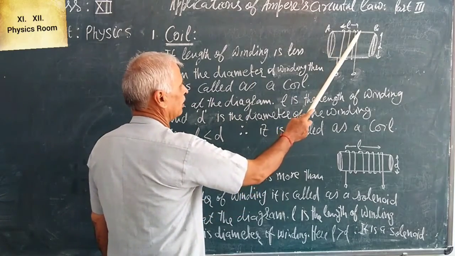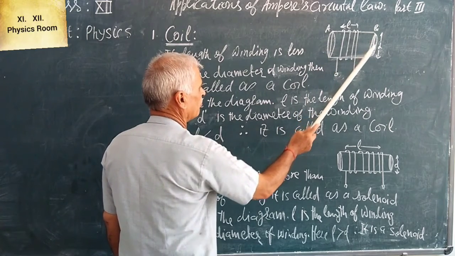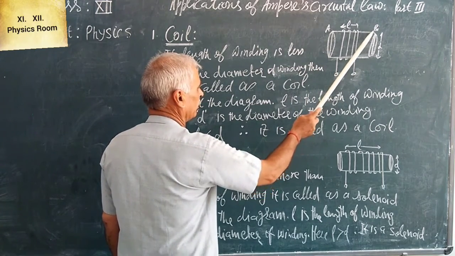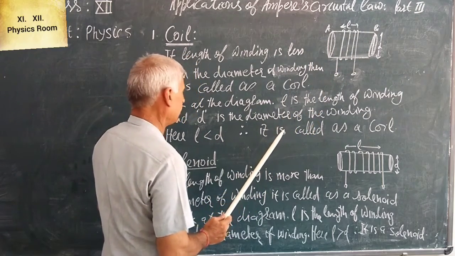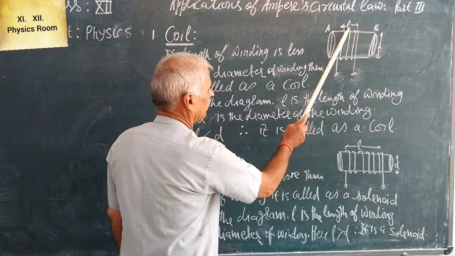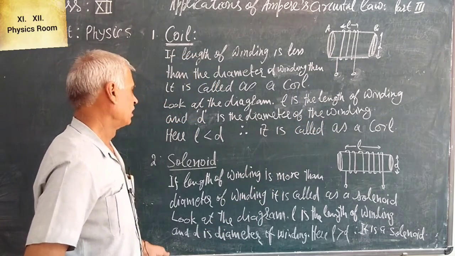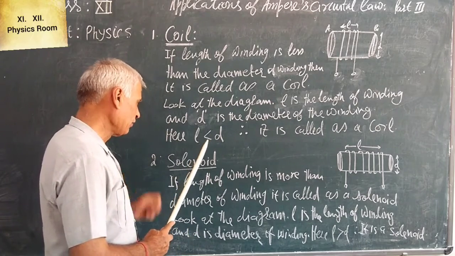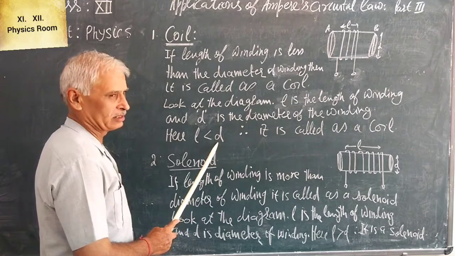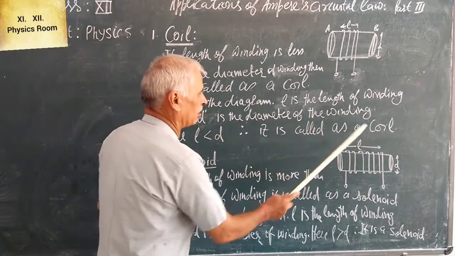Here L is the length of the winding and D is the diameter of the winding. So here L is less than the diameter. Therefore, it is called a coil.